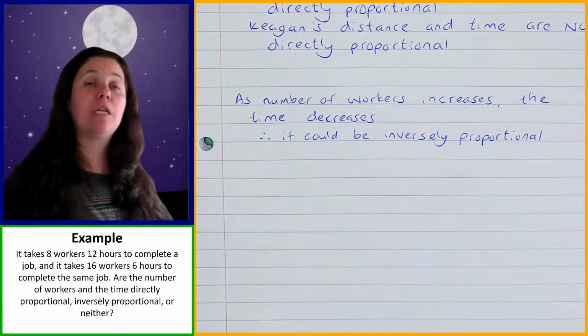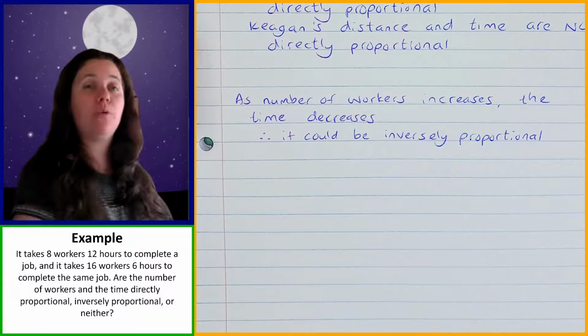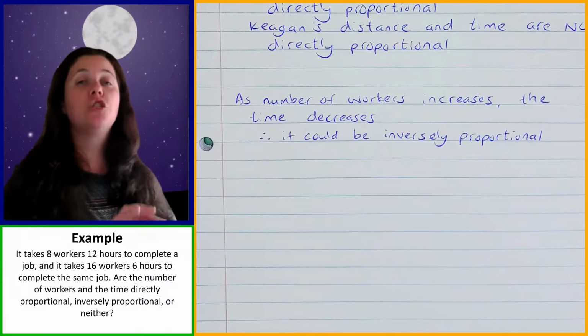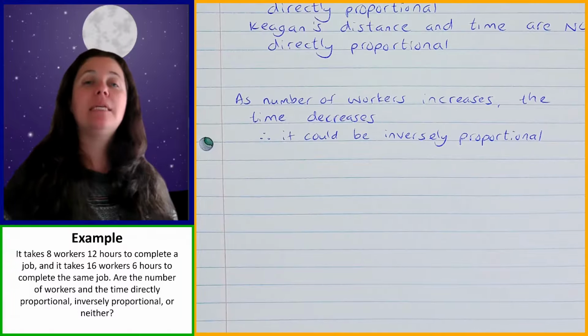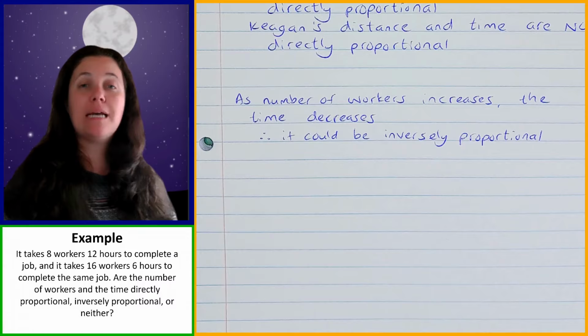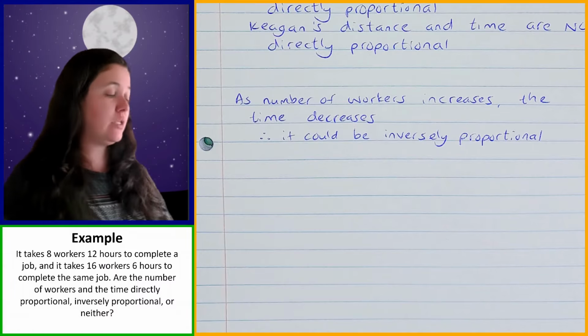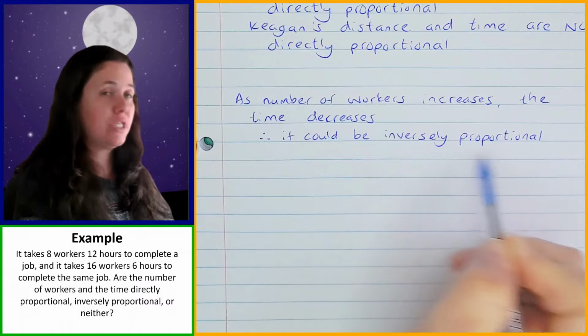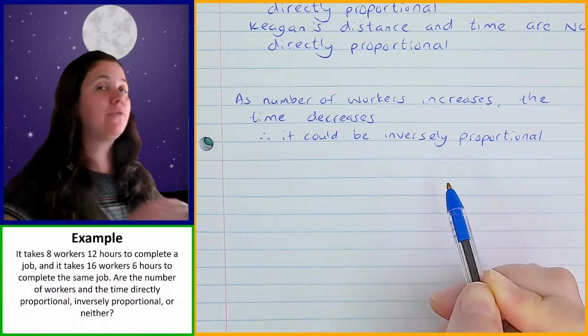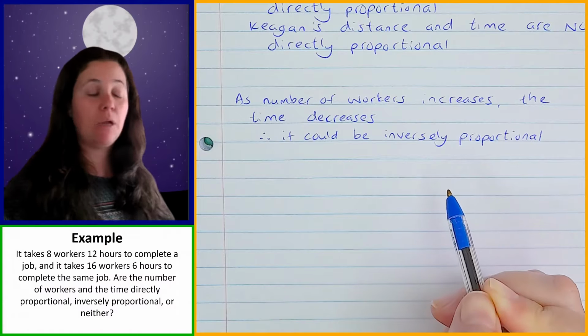So what I'm going to do, just like I did in the previous example, is check the two sets of values and see if it works out to a constant amount. In this case, because I'm working with what I think is going to be inversely proportional, I'm not going to be dividing them, I'm going to be multiplying them.